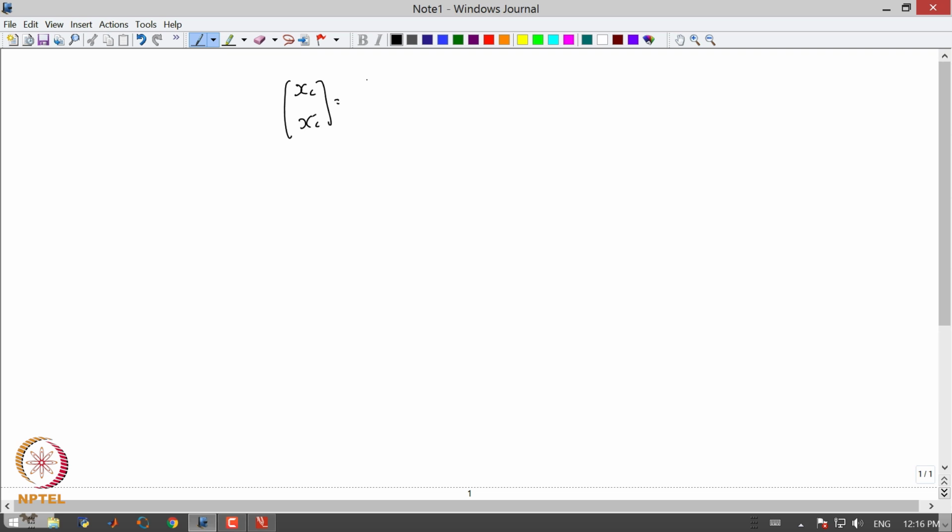bar was T inverse X, which was such that this T was a result of Vc and Vc bar. So I could just split it into, so this comes from the controllable subspace with the pair AC BC being controllable.